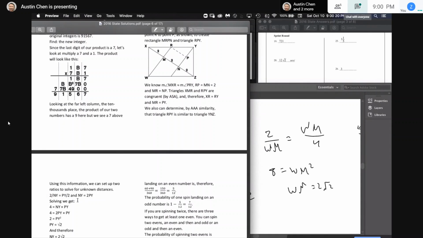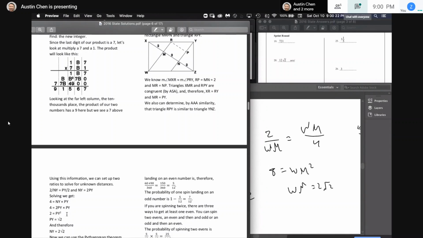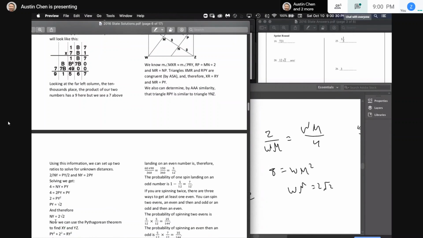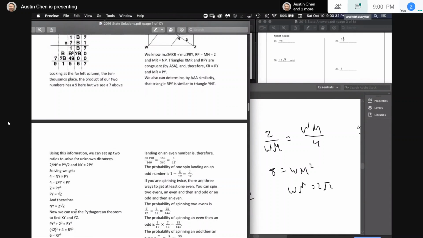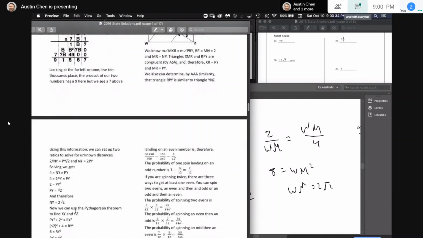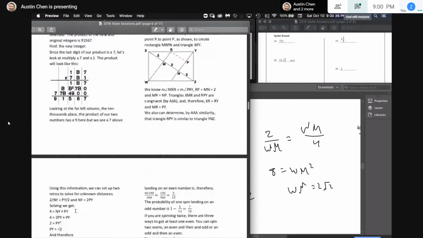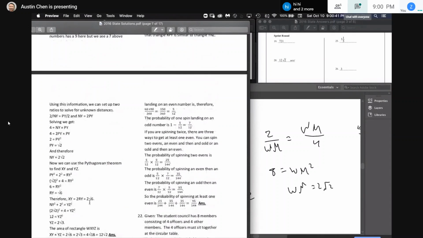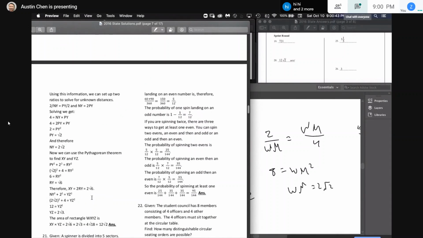Once you solve that, you get 2 is PY squared, so PY is root 2, so NY is 2 root 2. Then you can use Pythagorean theorem to get ZY and XY, and then use that to solve for the area.